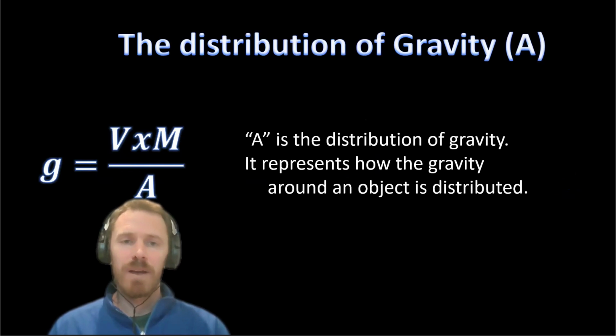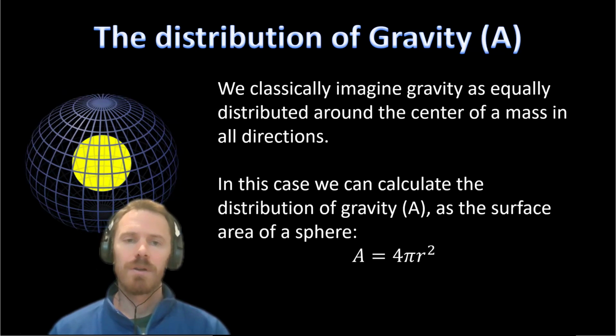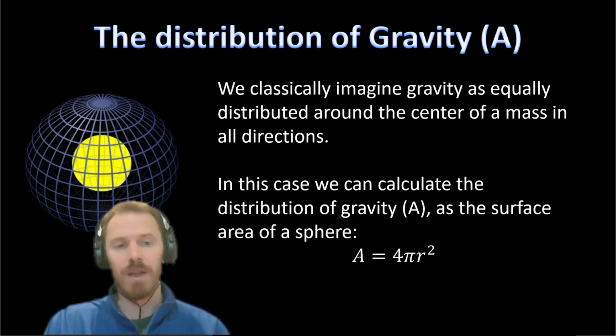The other term we need to talk about is the distribution of gravity. The distribution of gravity is a representation of how gravity is distributed around an object. So we classically imagine gravity as equally distributed around the center of a mass in all directions. In this case, we can calculate the distribution of gravity as the surface area of a sphere, where the radius of that sphere is the distance to the center of that mass.